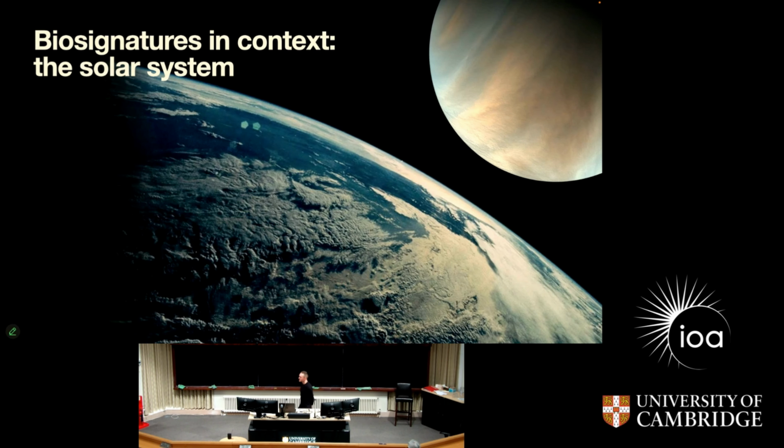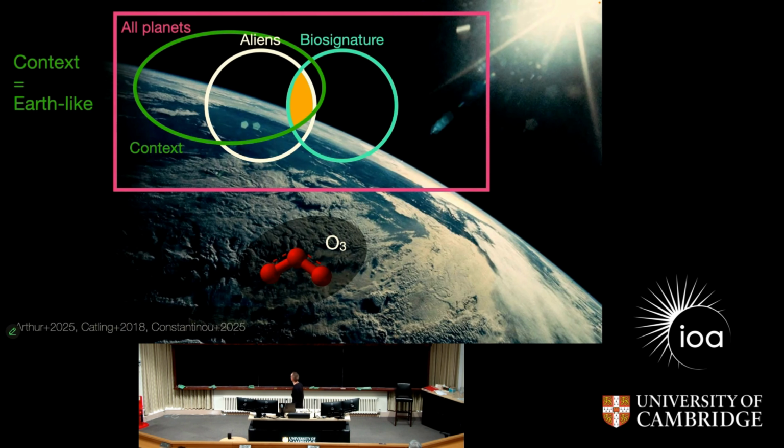So the solar system is a fantastic example of some of the challenges and opportunities for looking for life. And I'm going to emphasize this using Earth and Venus in the first instance, and the particular biosignature of ozone. So life on Earth, as we said, has flooded the atmosphere with oxygen from about 2.5 billion years ago.